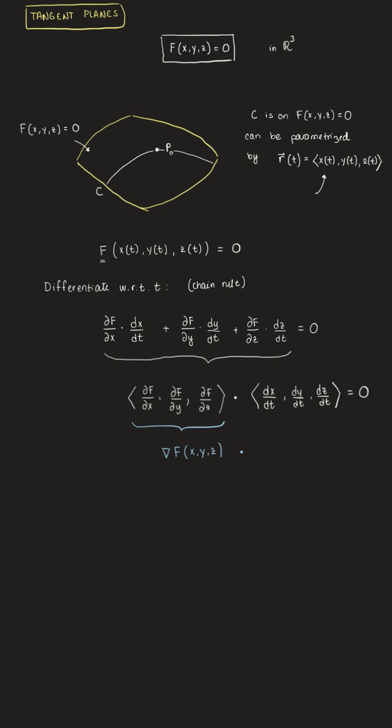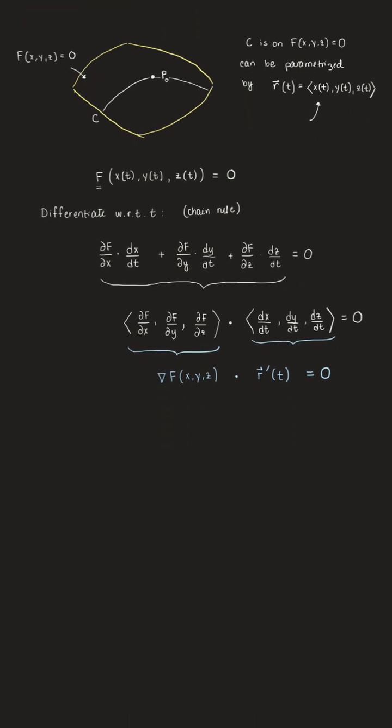And it's been a while since we've seen this guy, but this is the derivative of our vector function, r of t. So that's just going to be r prime of t. And now we have a relationship between our gradient and the derivative of our vector function.